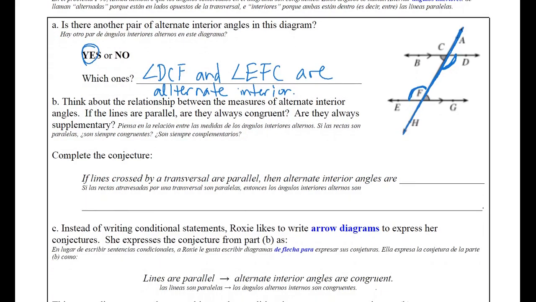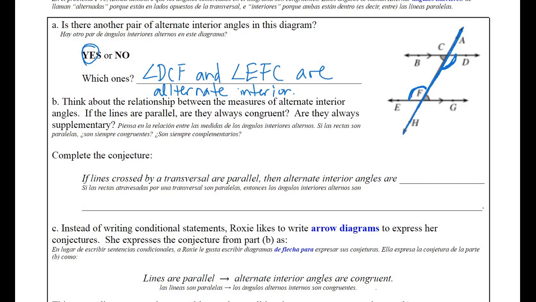Think about the relationship between the measures of alternate interior angles. If the lines are parallel, are the alternate interior angles always congruent? Are they always supplementary? I think they're always congruent because we didn't use any numbers, so we proved a general case. Let's make the conjecture.